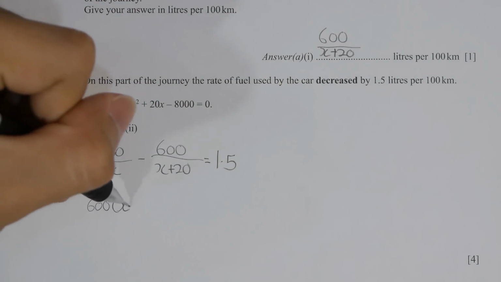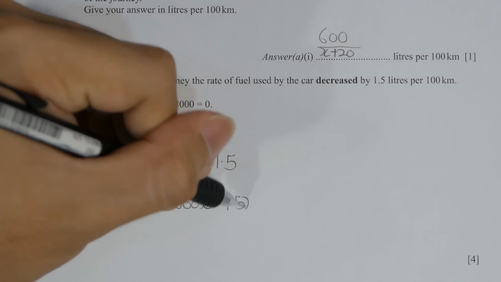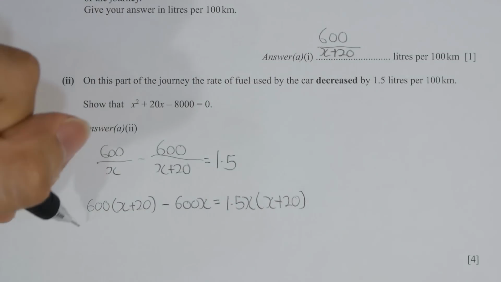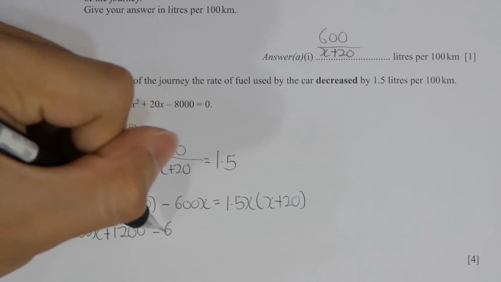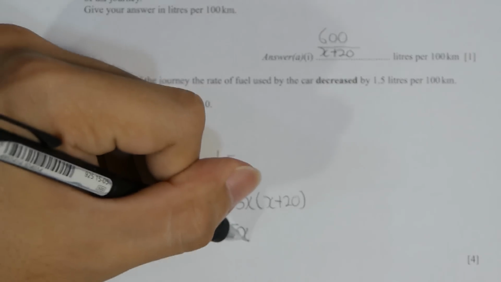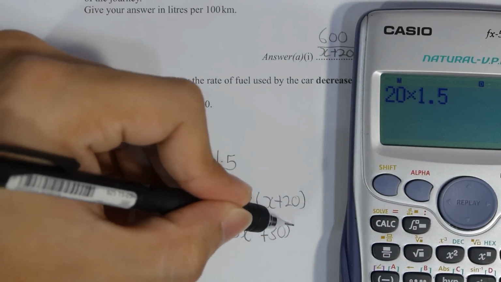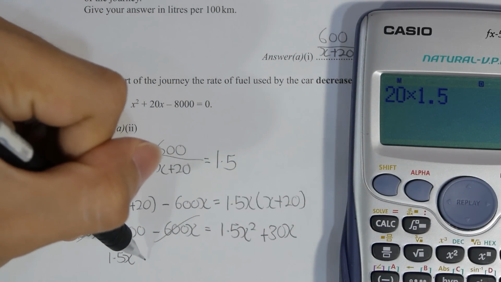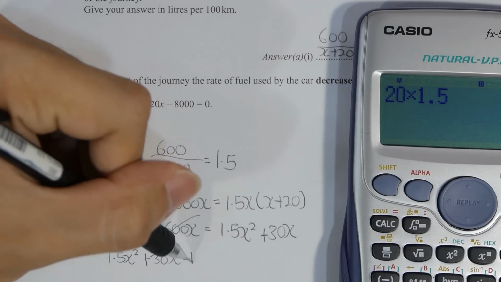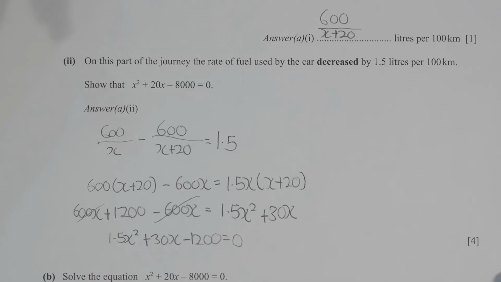The original one goes a lesser distance, which means the rate of fuel use was higher. So take 600 over x minus 600 over x plus 20 equals 1.5. By running the calculation, you'll get the equation as shown above.